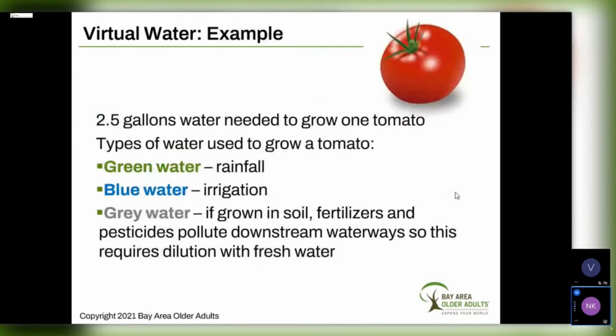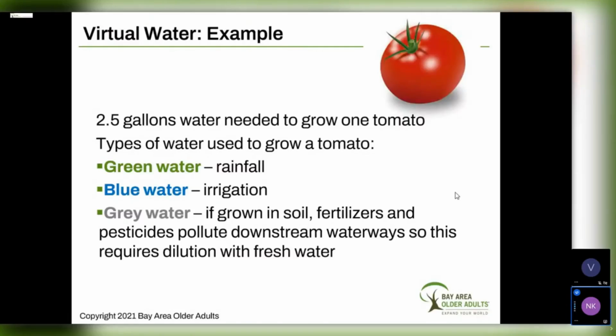So, as an example of virtual water, let's talk about a tomato. The amount of water to grow one tomato is 2.5 gallons. The 2.5 gallons is green water if it comes from rainfall on the tomato field.